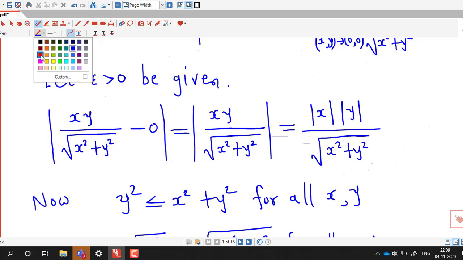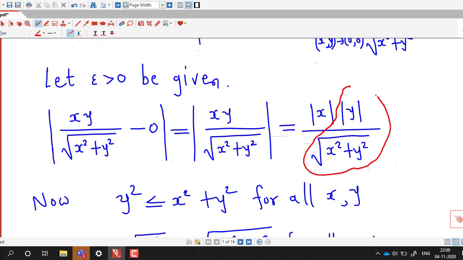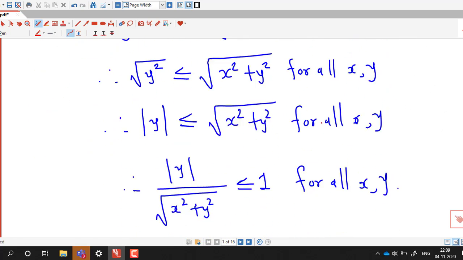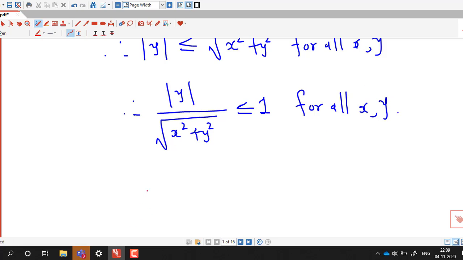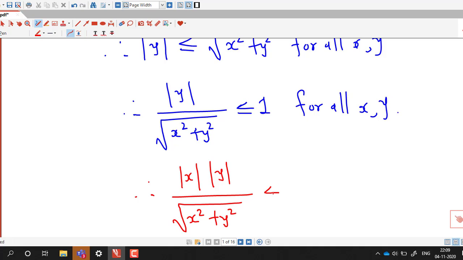If we use that fact here, you can see we have absolute value of y over square root of x square plus y square, which is less than or equal to 1. So if we multiply both sides with modulus of x, then we obtain this inequality.